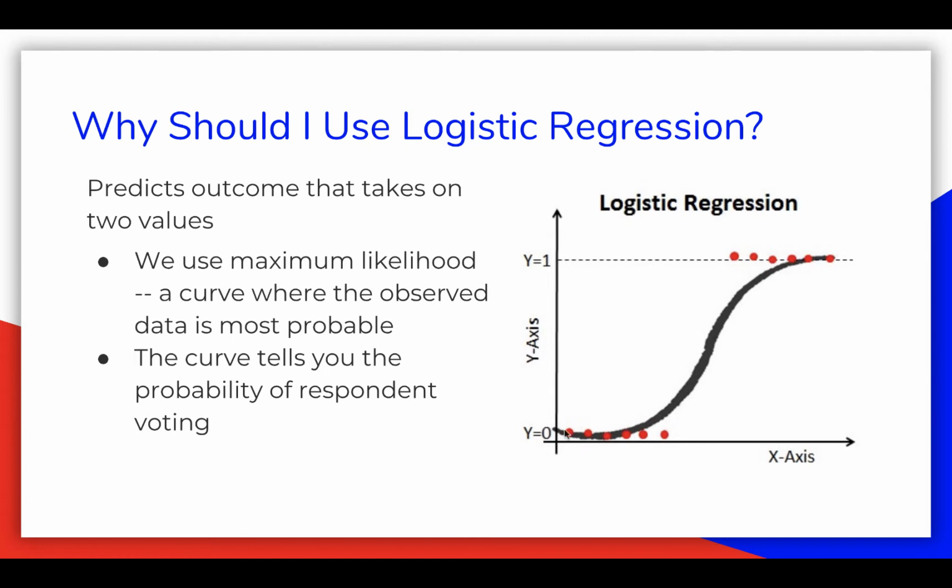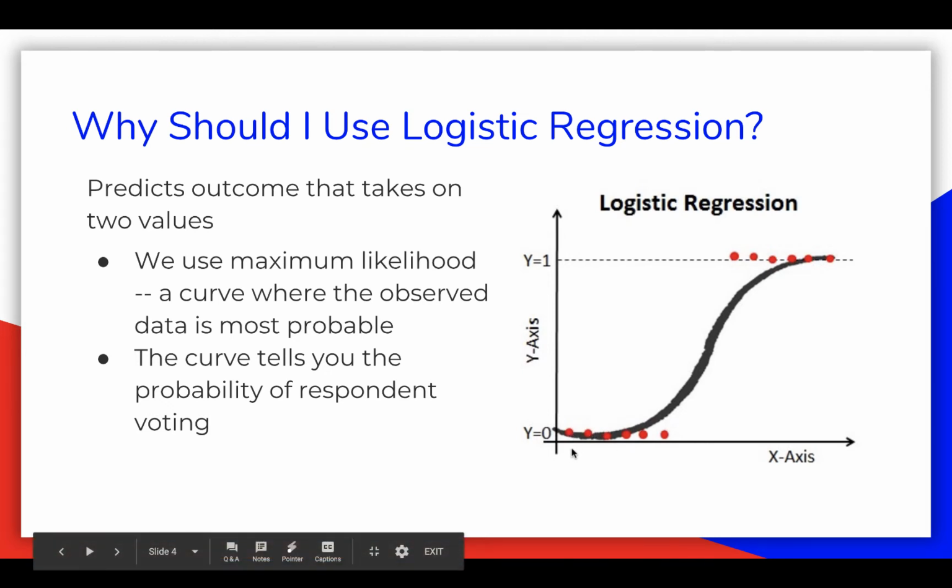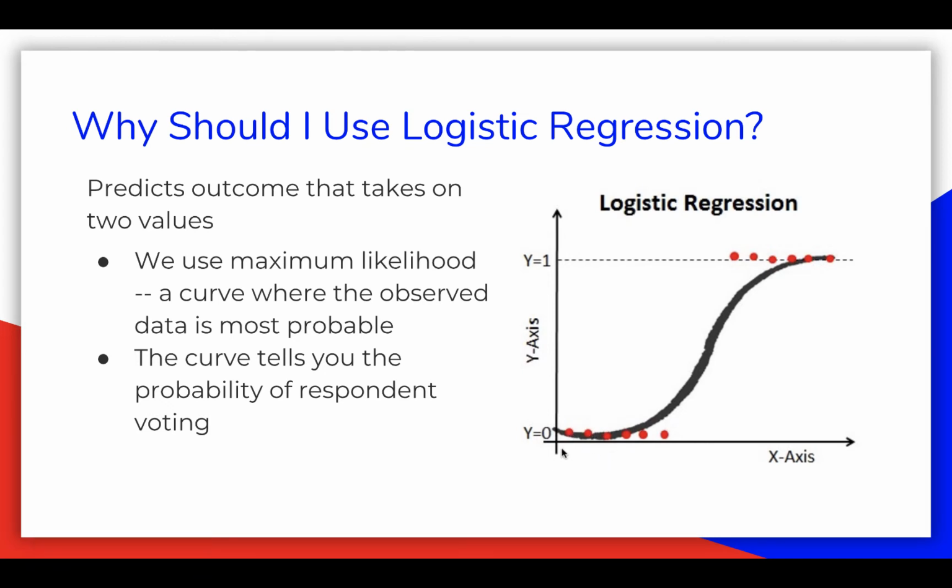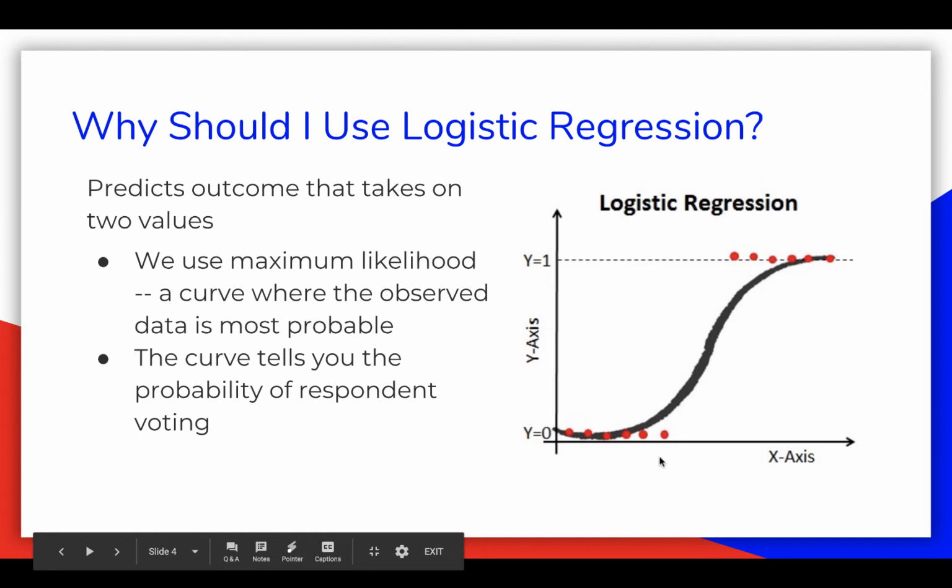In this case, this curve was estimated using maximum likelihood, so it's essentially a curve where the observed data is most probable. This curve tells you the probability of the respondent voting, or doing whatever the outcome is. Let's say that this x-axis is years of education, so over here is people with low levels of education, and over here is people with high levels of education.